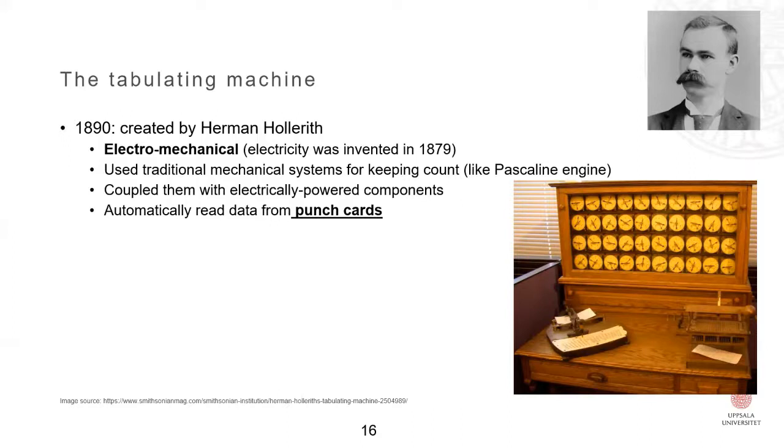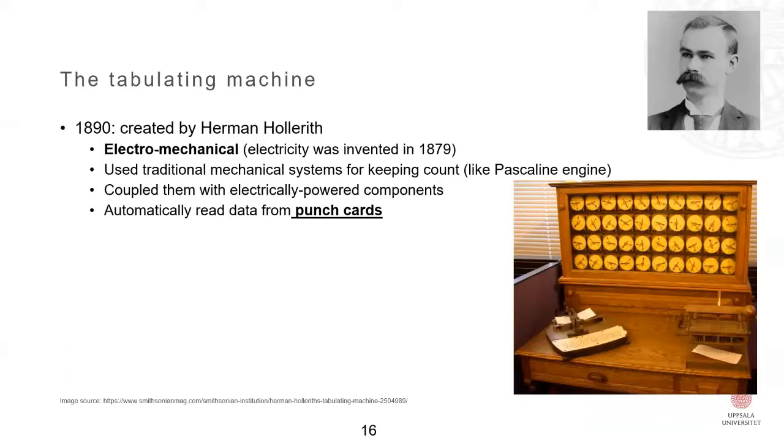And the data was collected in something called punch cards. Let's see what punch cards mean. But before that, please pay attention that in those times, if they just collected the information on a piece of paper, it could not be used by a computation device.